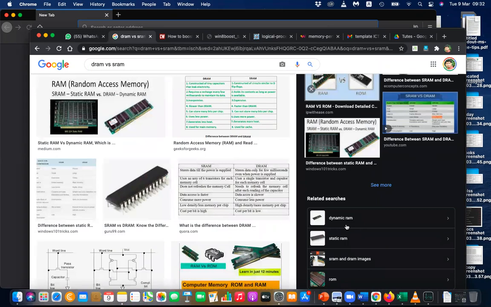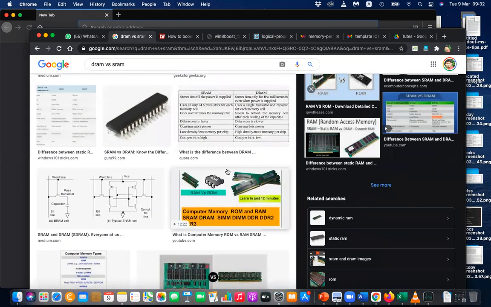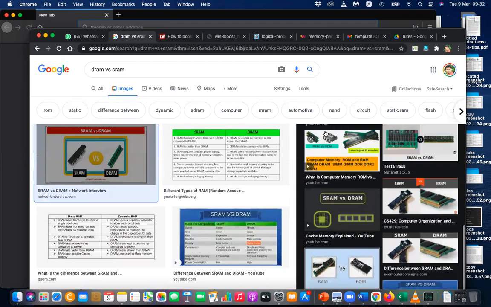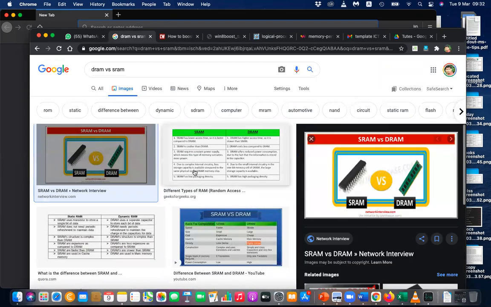That's why I said L1 cache, L2 cache are inside the processor. This picture is showing some other SRAM, not the one in your motherboard. So this can be a level 3 cache. L3 cache can be like this, a chip.